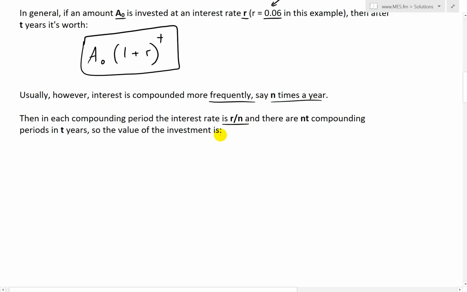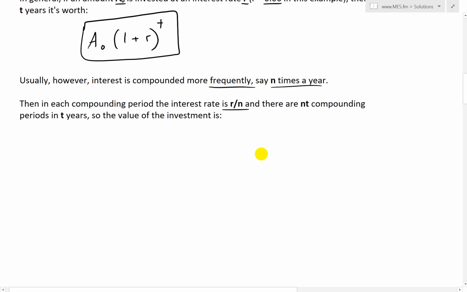So the value of the investment is, well, before I get to that value, what I mean by this is, let's say for example you have an annual interest rate. Let's say it's 12%.